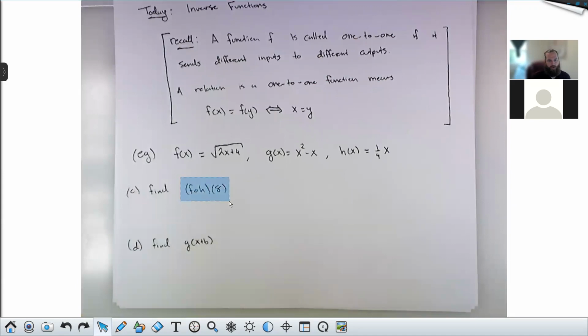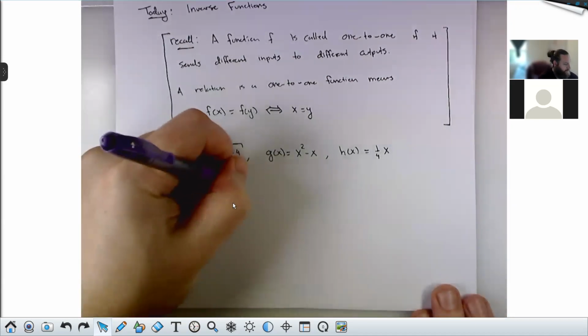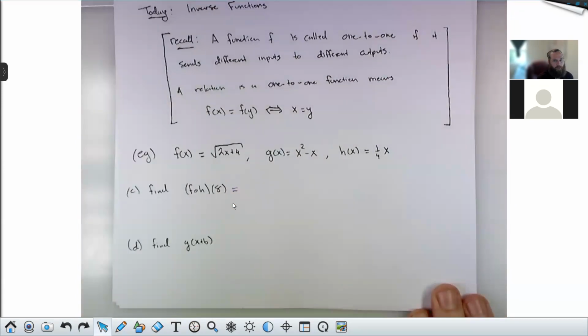To find f of h of 8, remember the only real thing to do here is to apply the definition. So if you're ever stuck or lost on one of these problems, trust in this first step of just writing down the definition.